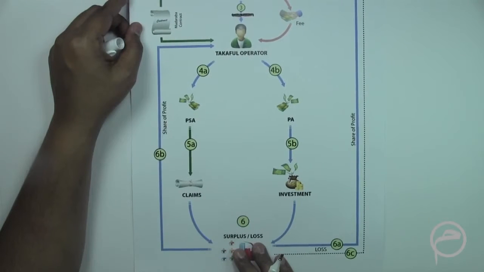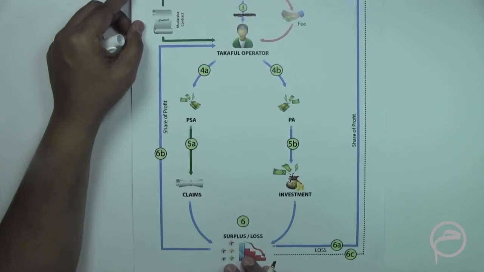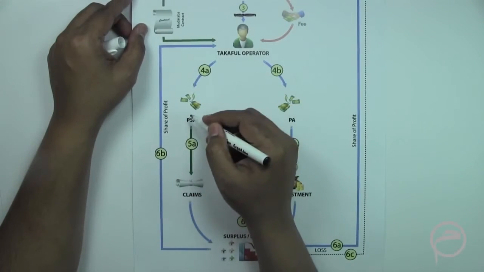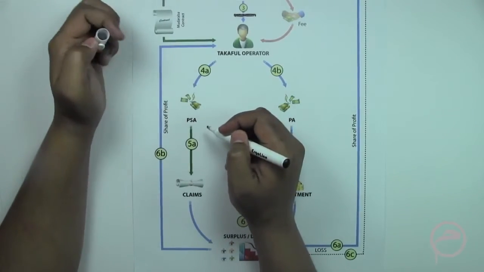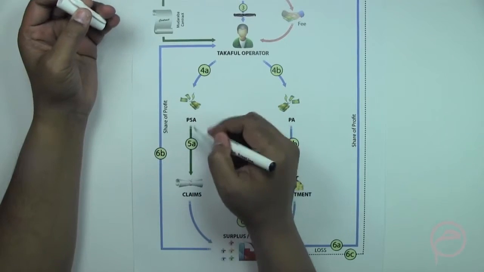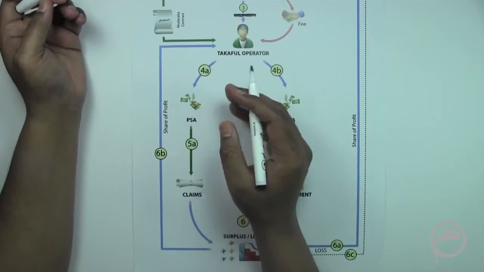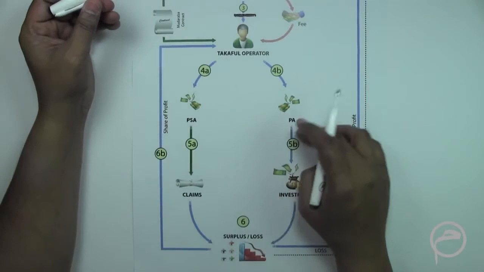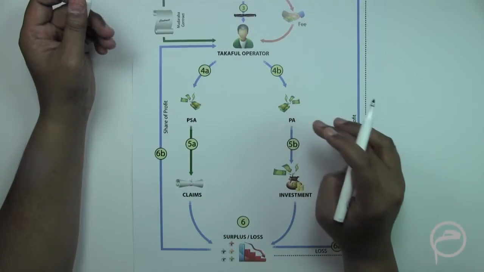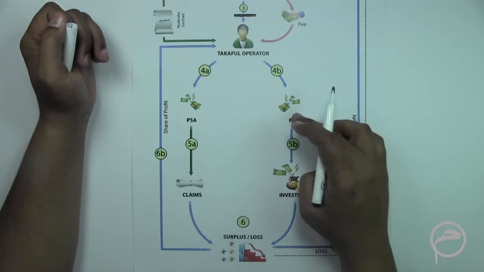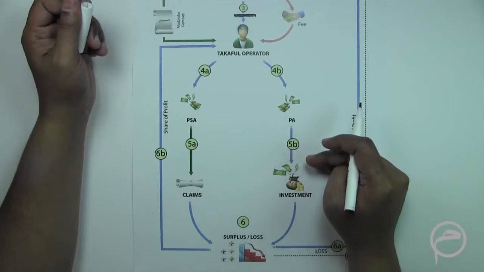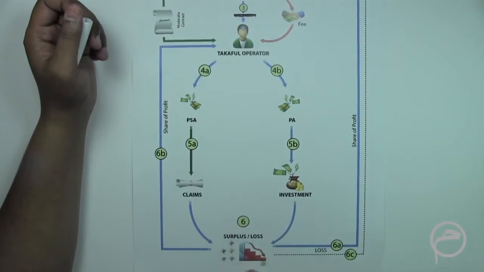Now let us understand the concept of surplus. In the participant special account, the total donation minus claims minus the operation expenses, whatever remains, will go into the surplus. In the participants account, for example, the total investment plus the profit minus the operation expenses goes into the surplus.